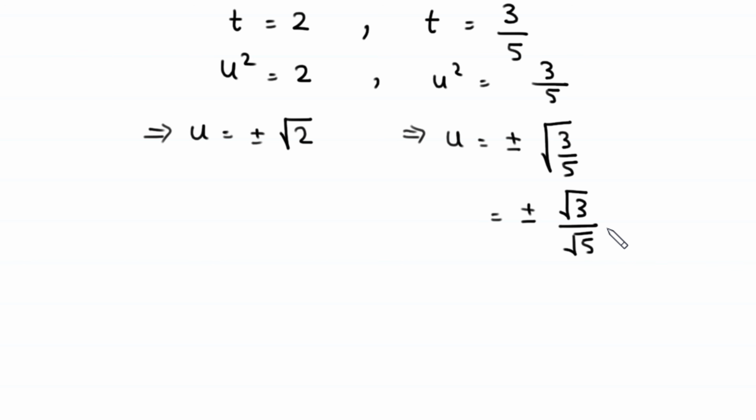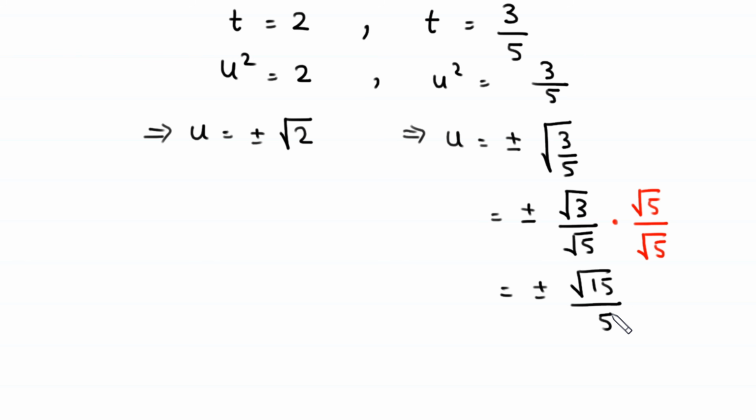To rationalize the denominator, we multiply and divide by root 5. So this will become plus or minus root 15 divided by 5.